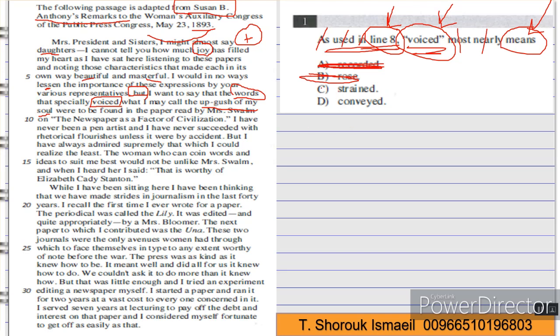Strained. What does it mean here? Like to strain something. Strained means like when I say their relationship got strained, it means that the relationship isn't good any longer. They are not getting along together, which means its context or its tone is negative.